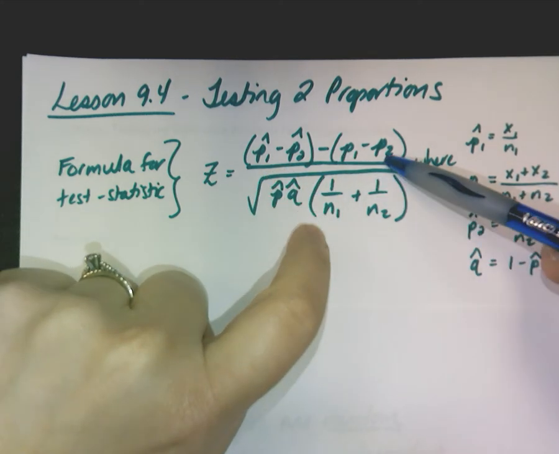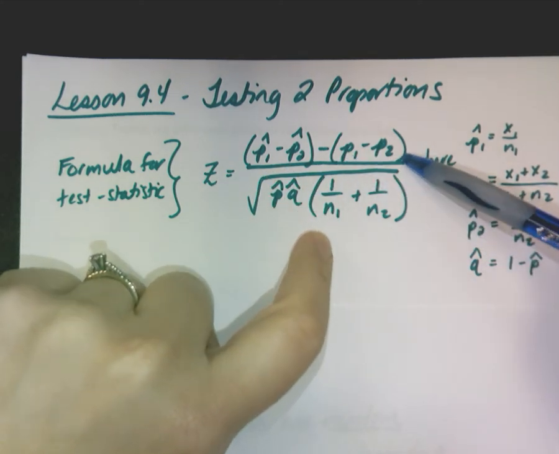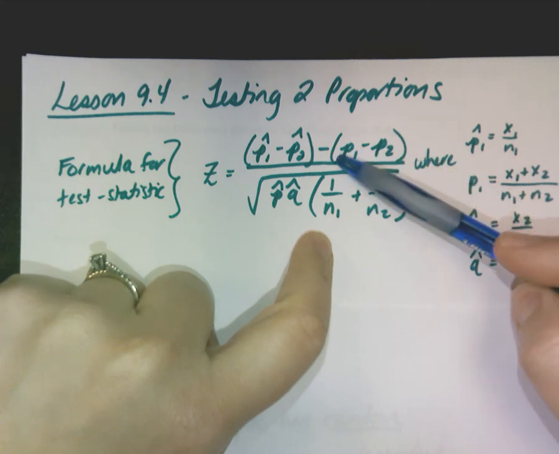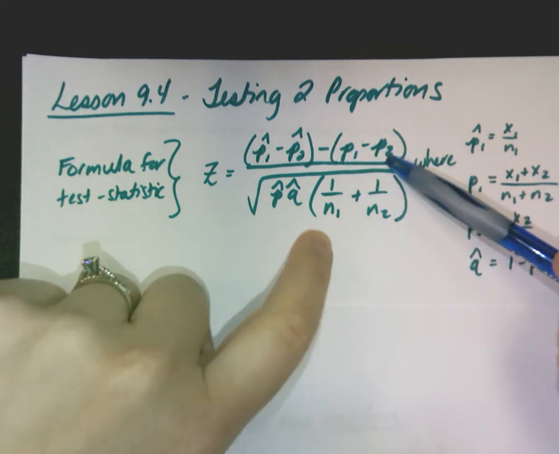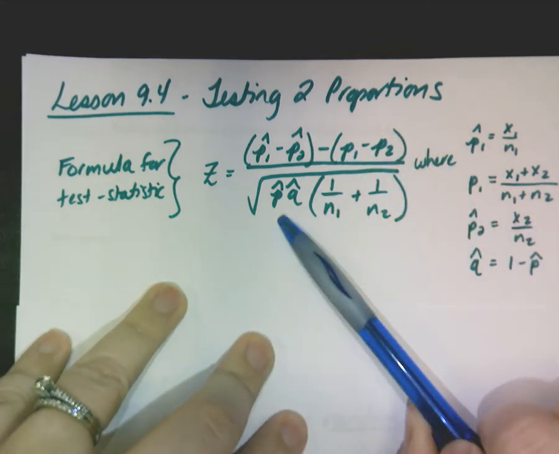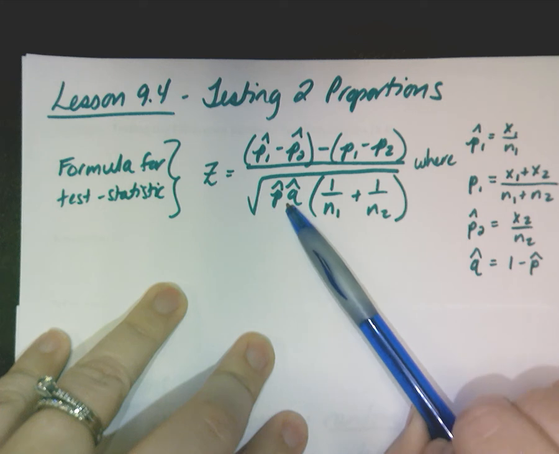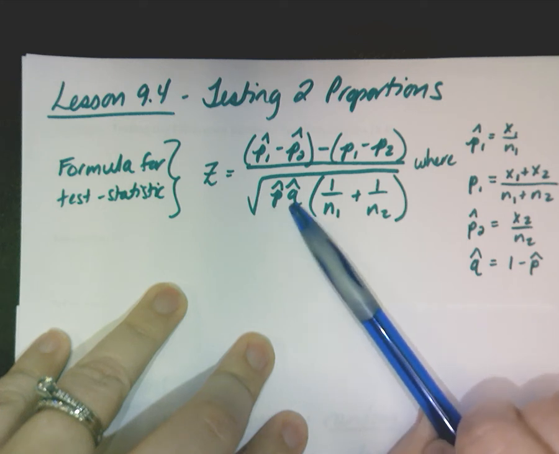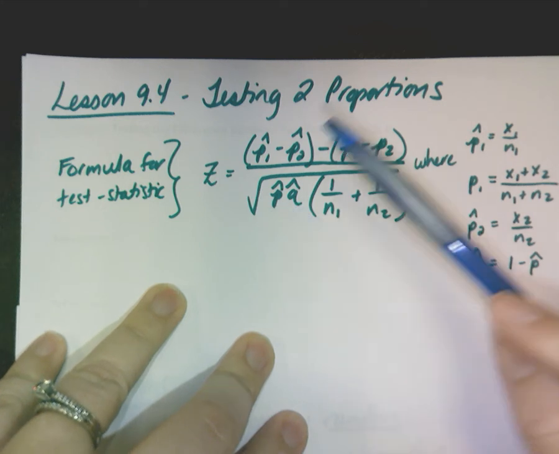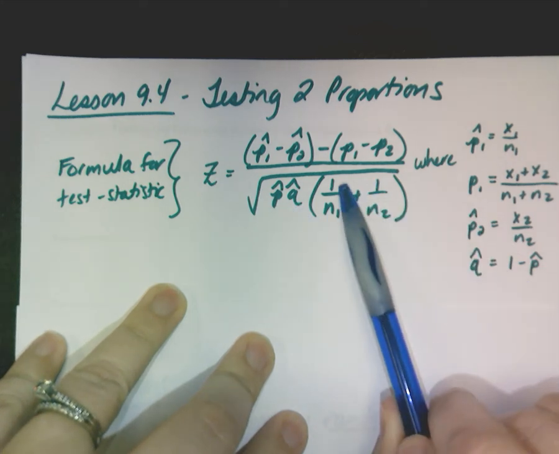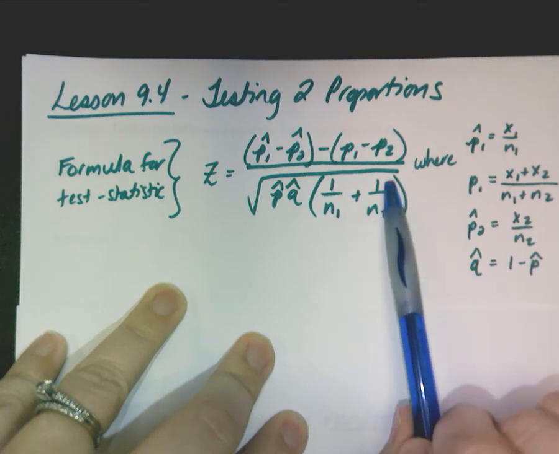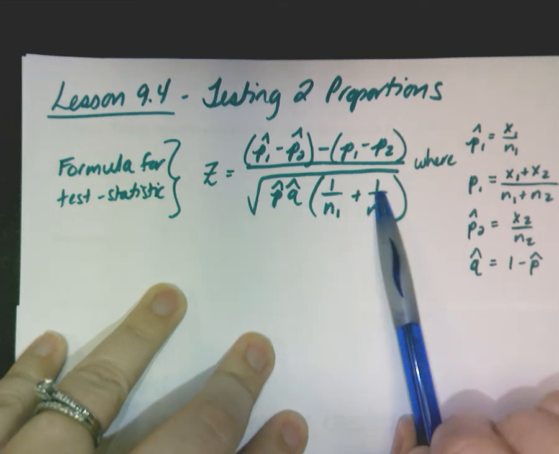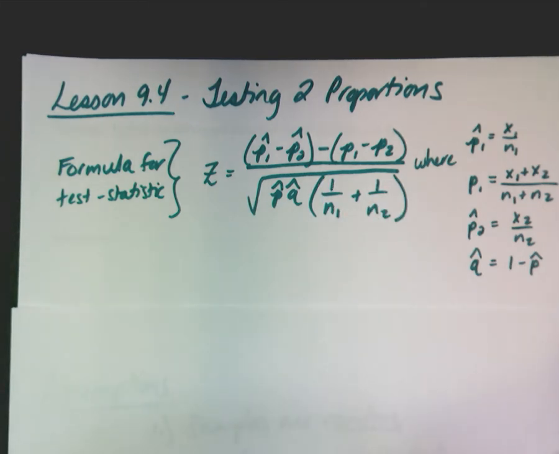This would be the populations that you already know from a previous study. Then we got our P hat, Q hat, which we know and we love. P hat, Q hat times 1 over N1 plus 1 over N2. And then you take the square root of that and that'll give you your Z test statistic.